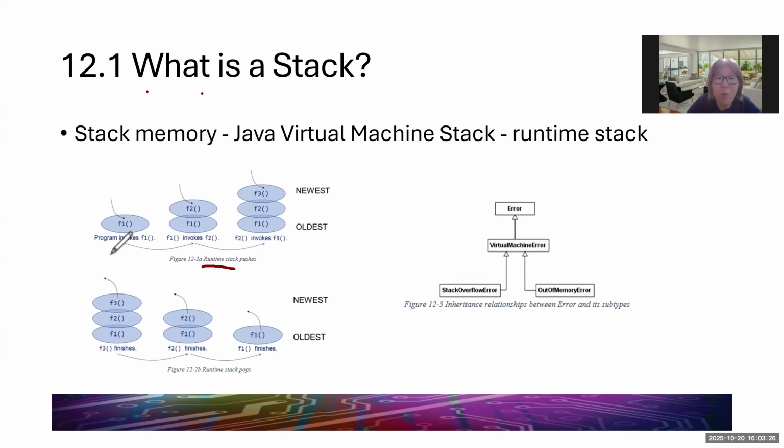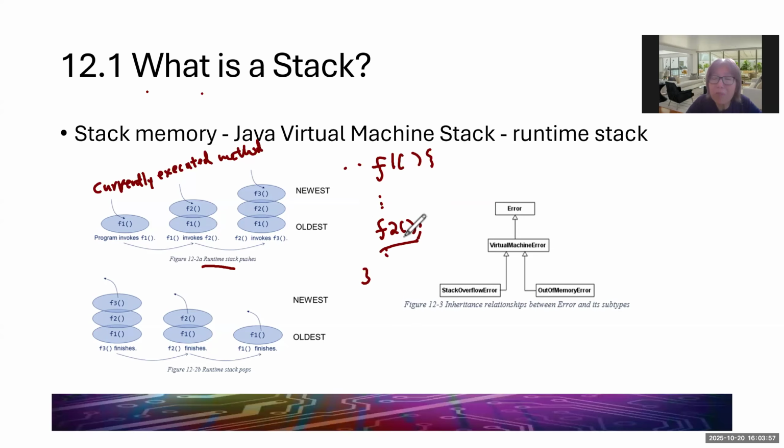Right now, F1 is the currently executed method. Then within that F1 method, at some point it calls F2. When F2 gets called, we learned that it will be pushed to the stack.